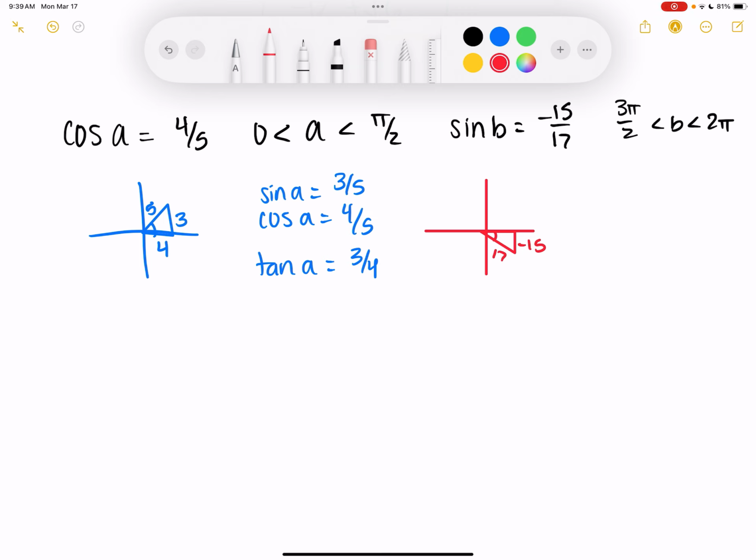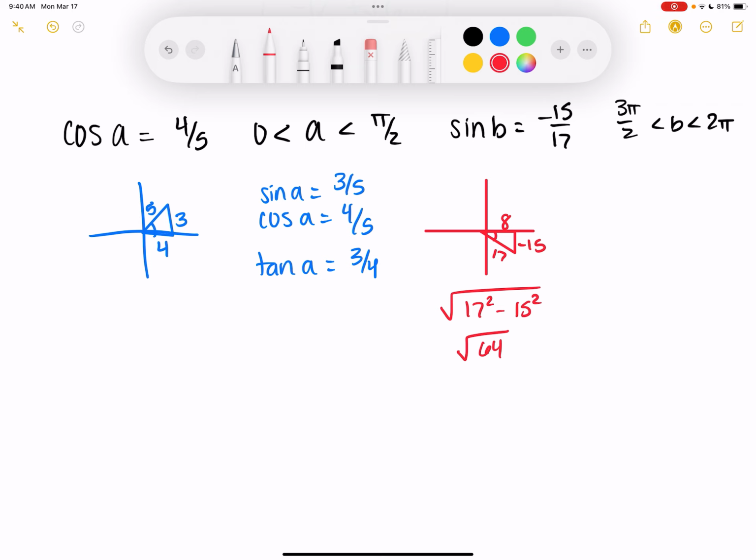In this case, I would suggest we use the Pythagorean theorem because it's probably not one you know off the top of your head. It is a perfect square, though. So this is going to be the square root of 17 squared minus 15 squared. It's the square root of 64, which is 8. So this side is 8, and it's in the positive x direction, so 8 is positive.